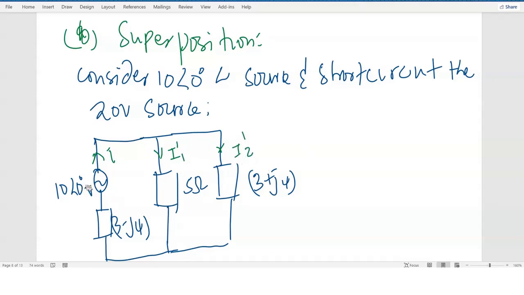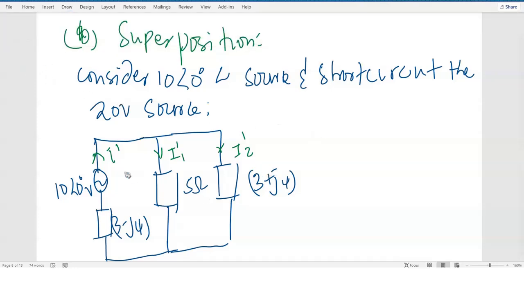This is just for the 10 volt source. For the second source, we shall consider I double prime, I1 double prime, and I2 double prime.